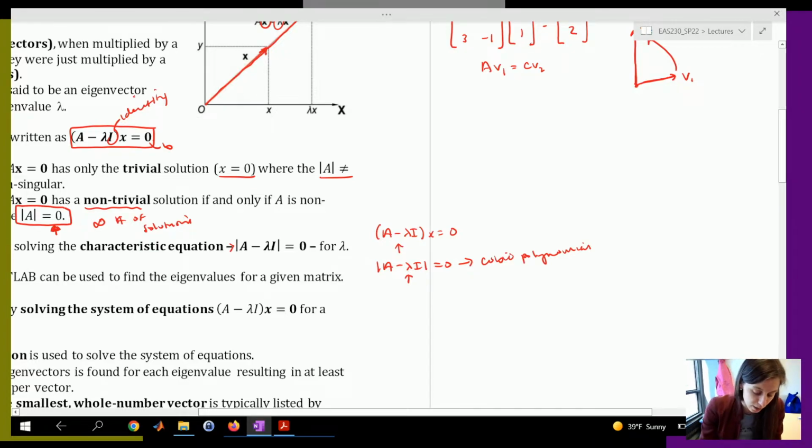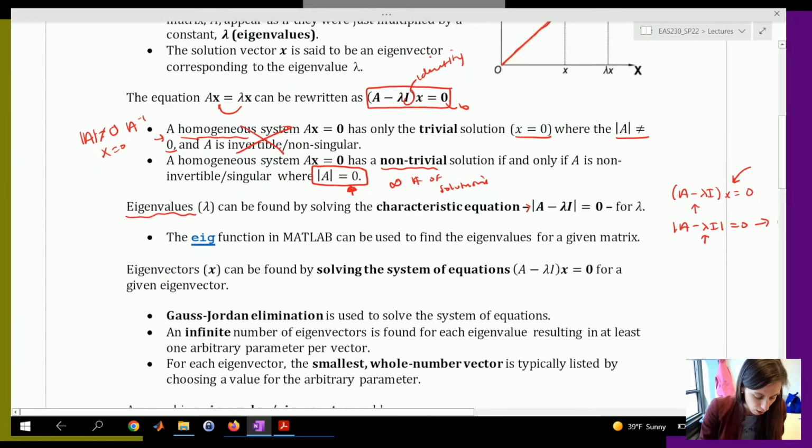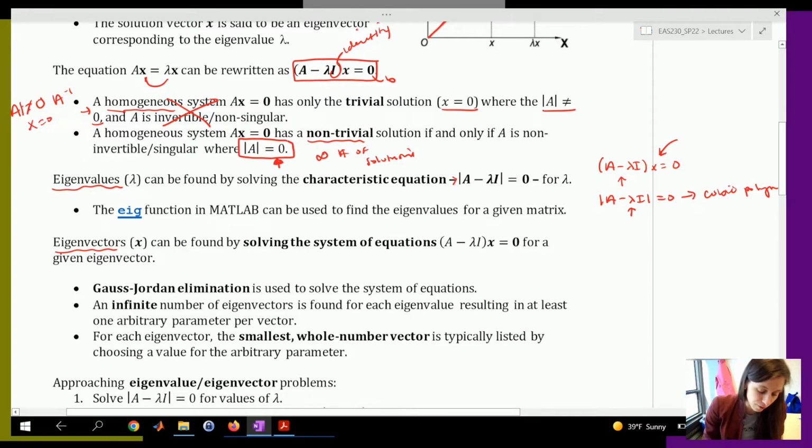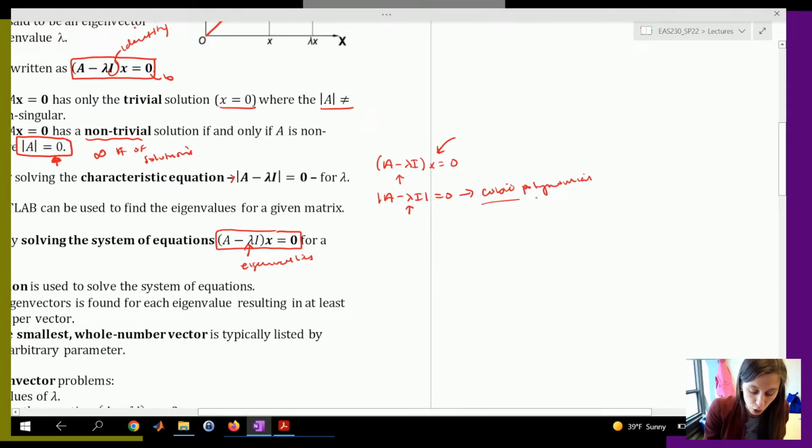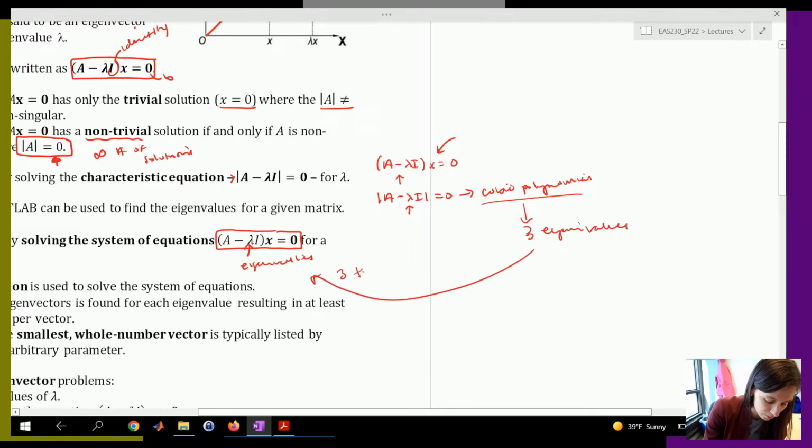Once we find all of our eigenvalues, I can plug them into my equation up here to solve for my eigenvectors, or solve for my x. My eigenvectors can be found by solving the system of equations here, where I already know what my eigenvalues are. In general, we have a cubic polynomial, so we have 3 eigenvalues, which means we need to solve this 3 times.